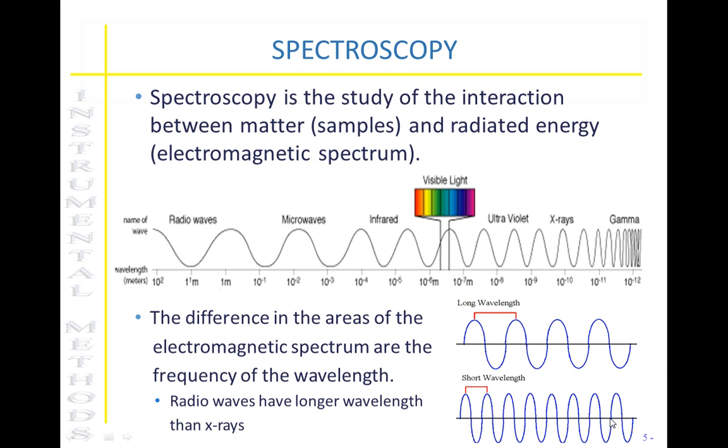The difference in the areas of the electromagnetic spectrum, which is shown in the middle of this slide, is the frequency of the wavelength. As you can see, the radio waves, which are on the very left-hand side of the electromagnetic spectrum, are a lot longer than the wavelengths that are shown on the right-hand side.